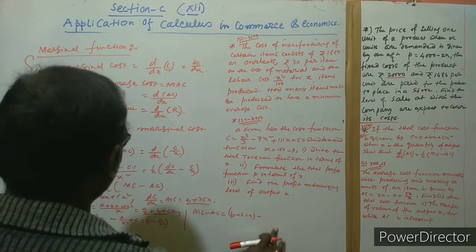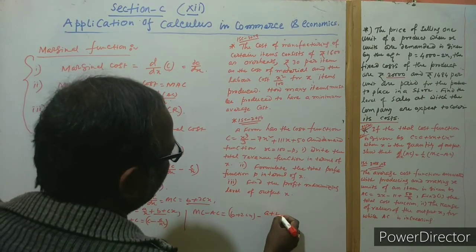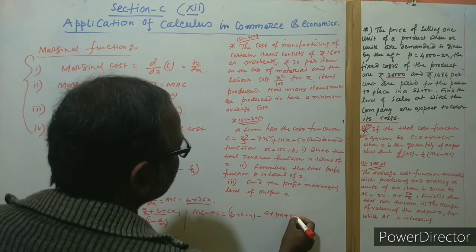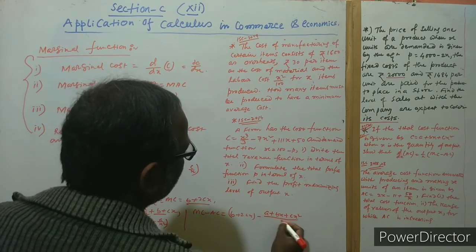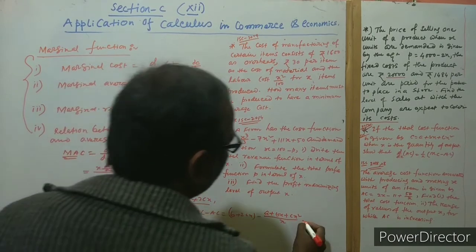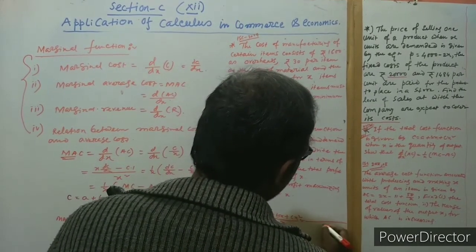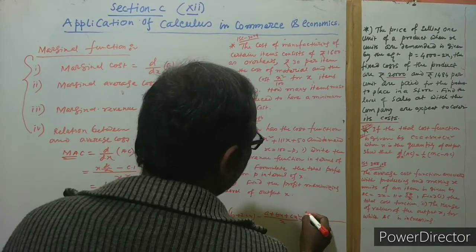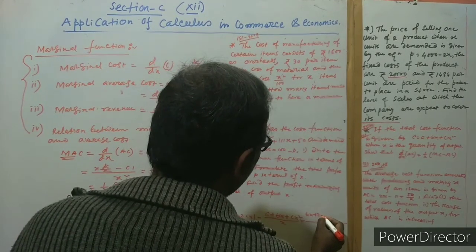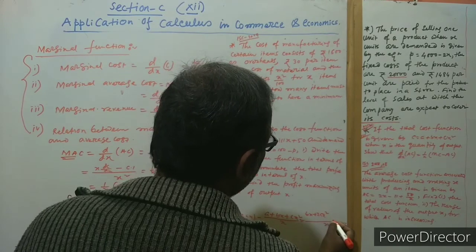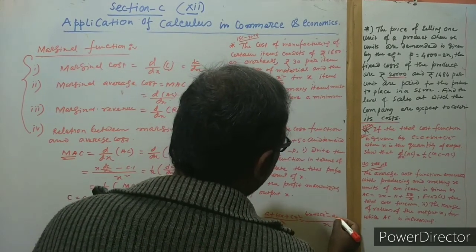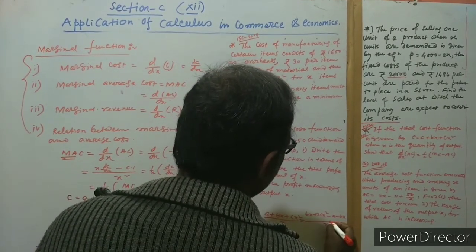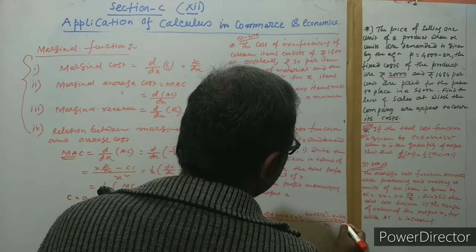So this is here a plus bx plus cx square by x here. And then we take the LCM, then we get x, bx plus 2cx square minus a minus bx minus cx square.